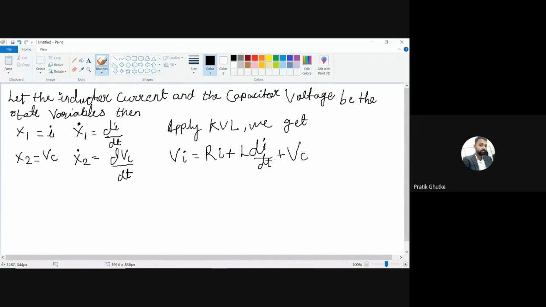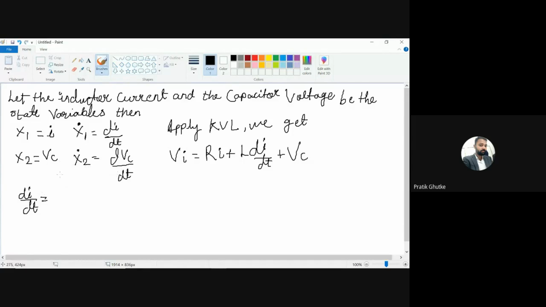Now I have to calculate this di by dt, so I am taking di by dt on one side. What will be my equation? From the equation Vi equals to Ri plus L di by dt plus Vc, I am calculating the di by dt part.